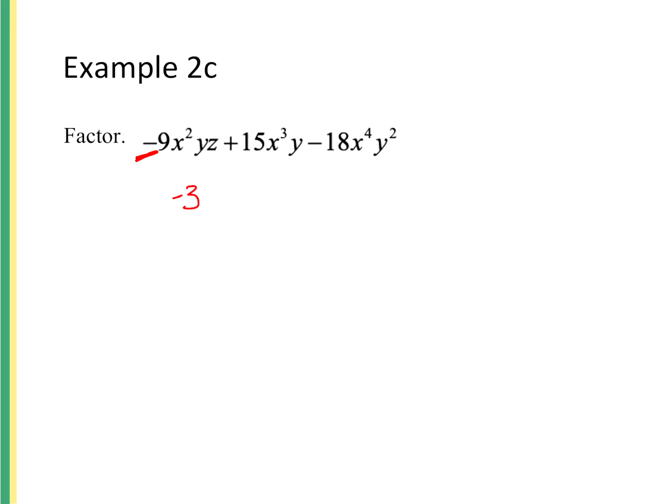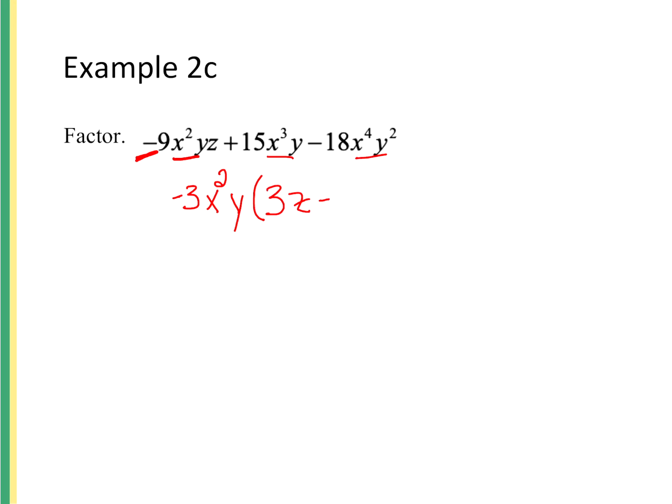What variable do they have in common? X squared and 1y, right? Everything has an x and a y in it. So now -9 divided by -3 makes it +3, right? The x squared went away, the y went away, and I just have the z left.